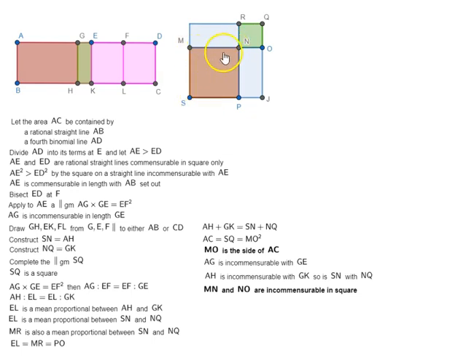SN is a square on MN, and NQ is the square on NO. So if SN is incommensurable with NQ, MN will also be incommensurable with NO in square.